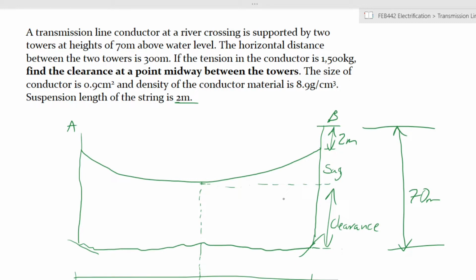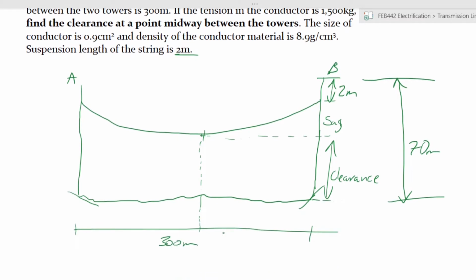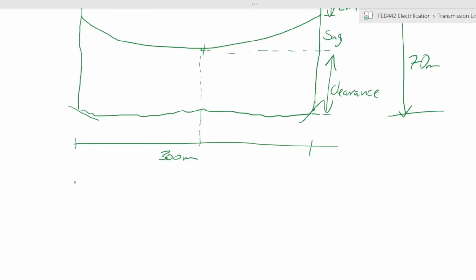And this distance from here to here is half of the span, which is 300 meters. So the sag y is equal to Wx squared over 2T. X is known, 150, because it is half of 300.